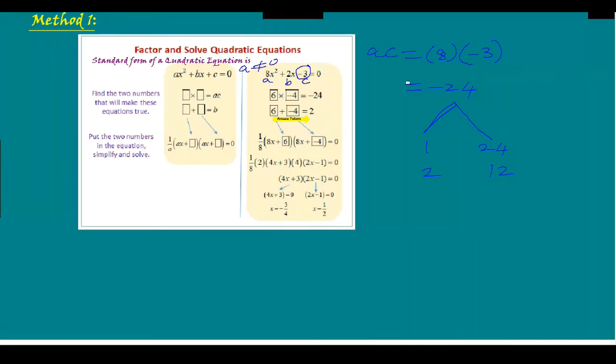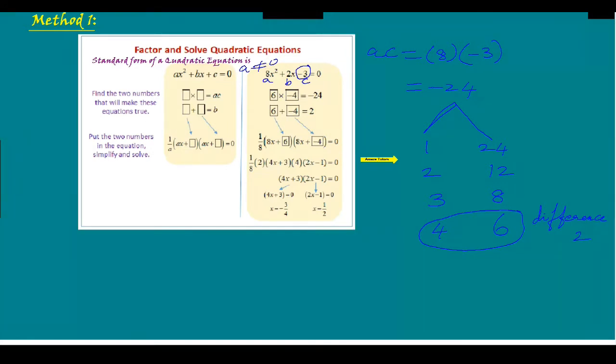As it is negative, it should be a difference. The difference between the two numbers should be positive 2. So 2 and 12 is not going to give you 2. 3 8s, it's giving you only 5. The difference is 5. 4 6. Here I can see the difference 2. Isn't it?